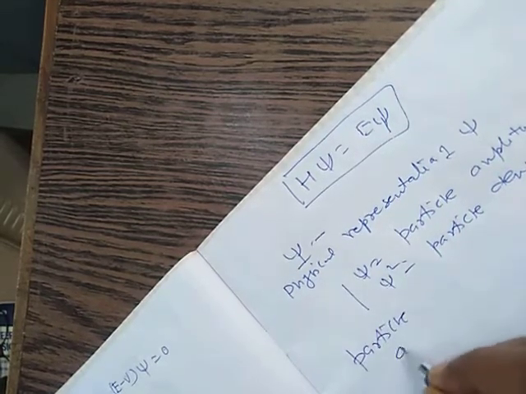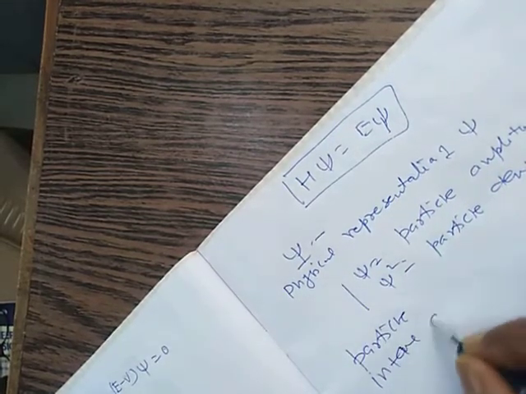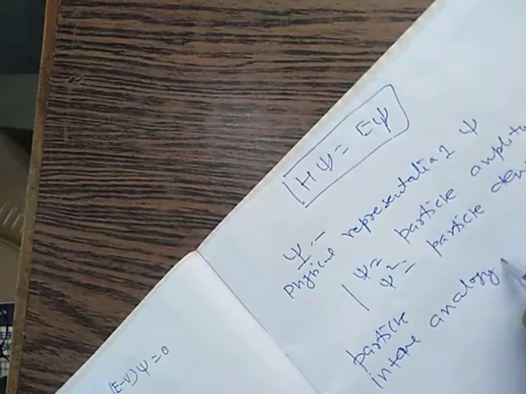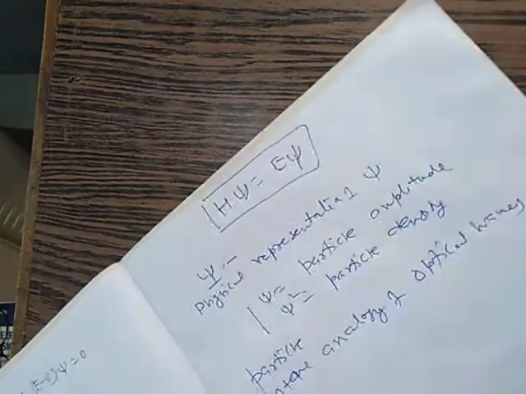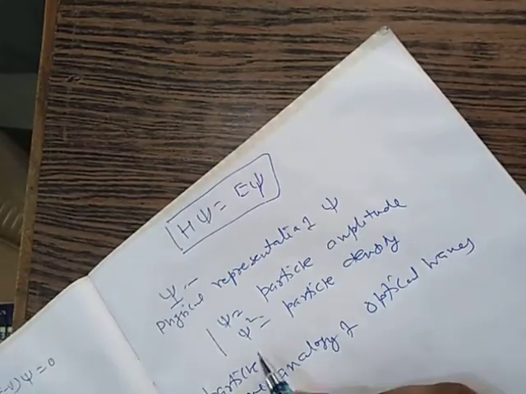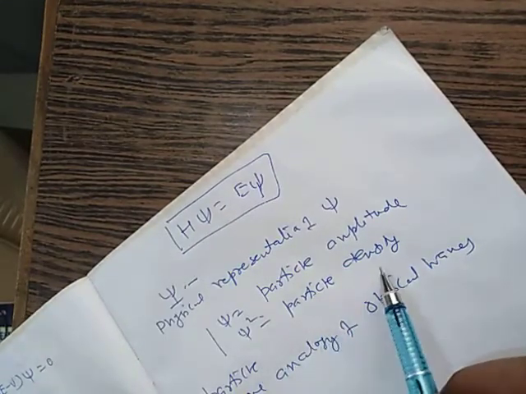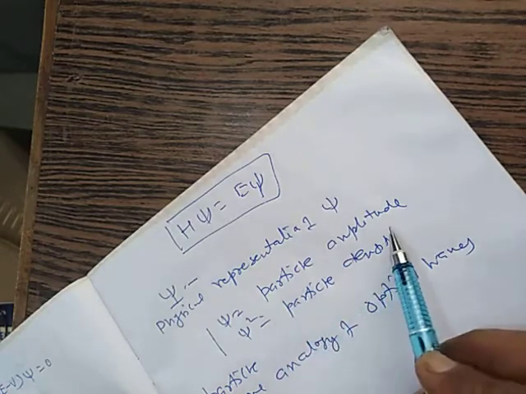So in the analogy of optical waves, psi square was represented as particle density and psi as particle amplitude.